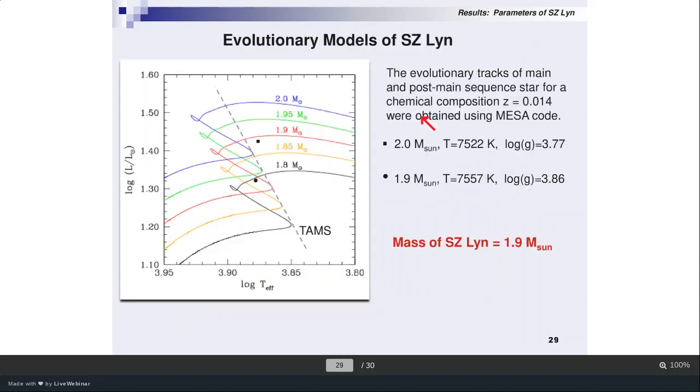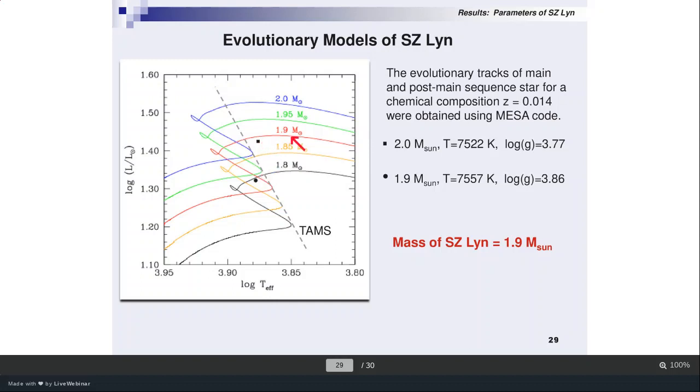Finally, we can further study the mass of the star. I used the MESA code to produce evolutionary tracks close to my star, for masses of 1.8, 1.85, 1.9, 1.95 and 2. These evolutionary tracks show the two models which I used.